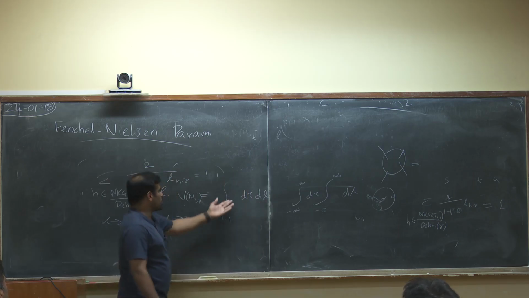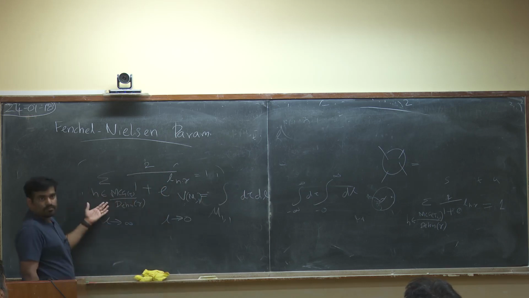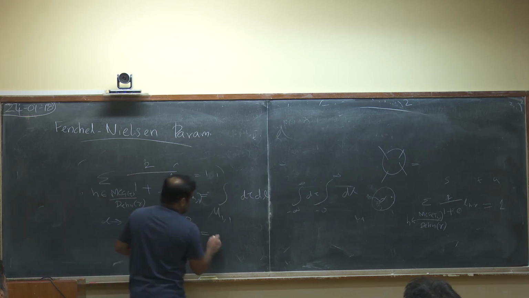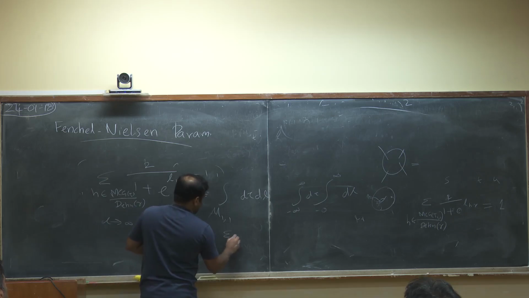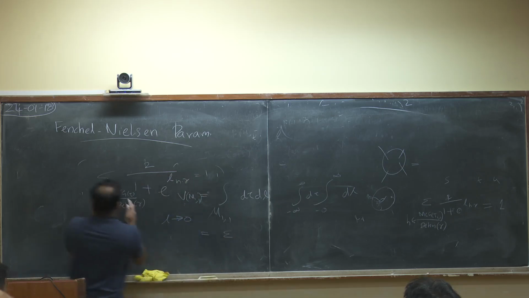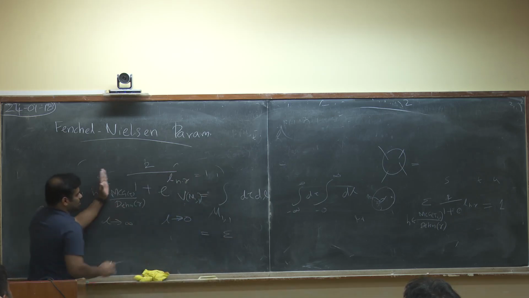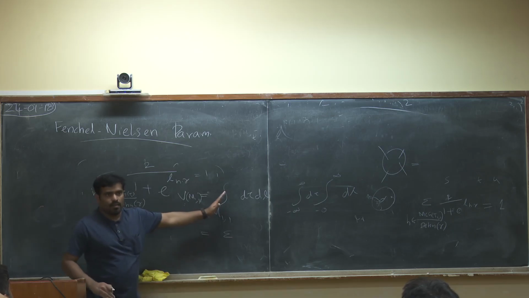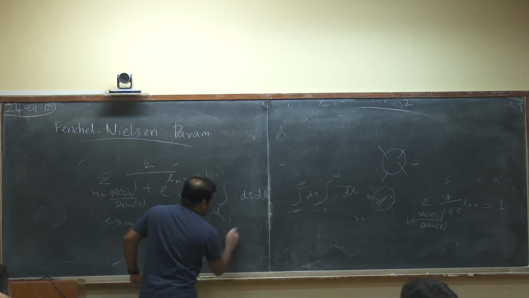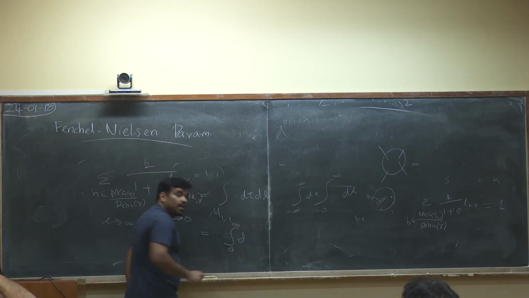So I will insert this identity, and combine the summation and the integration to obtain an integration that runs over the whole Teichmuller space.